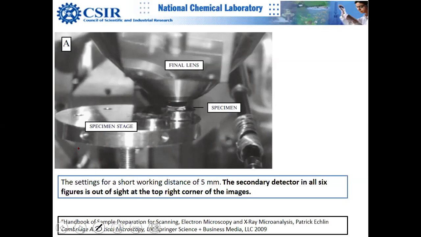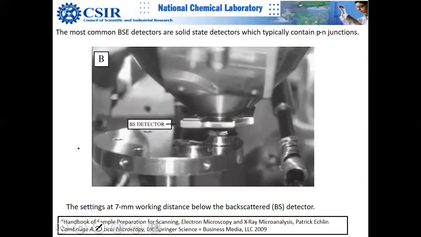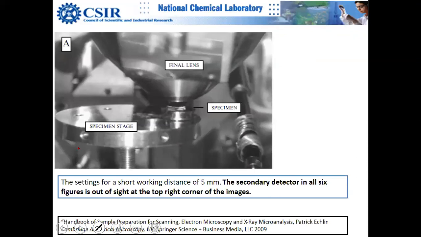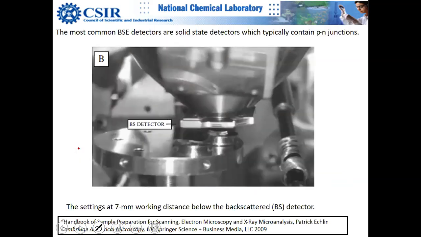There are a couple of other things, like the stigmator, which is used to correct the astigmatism. You can move the sample stage up and down, left and right, and you can see the specimen kept here. The secondary detector in all these figures is out of sight, located at the top right corner, which is not shown in these images.